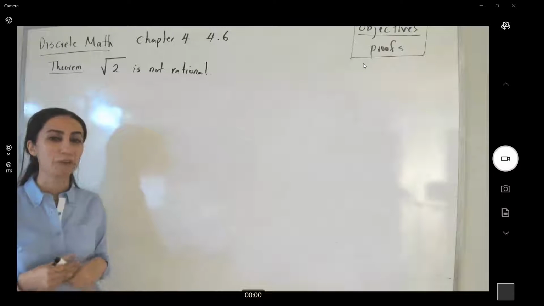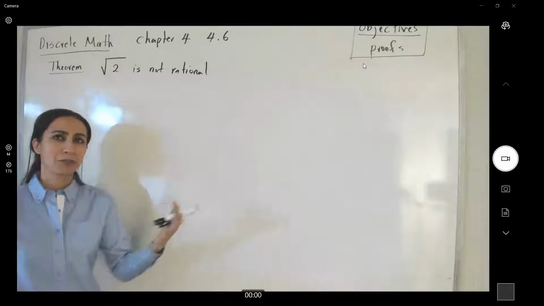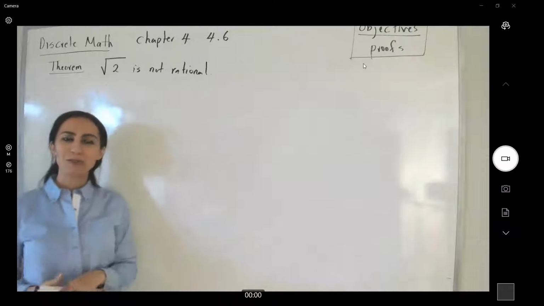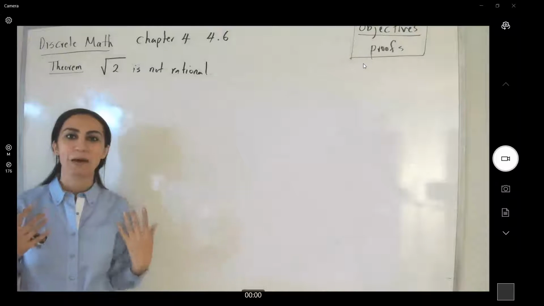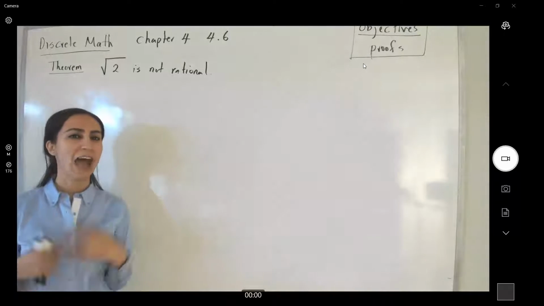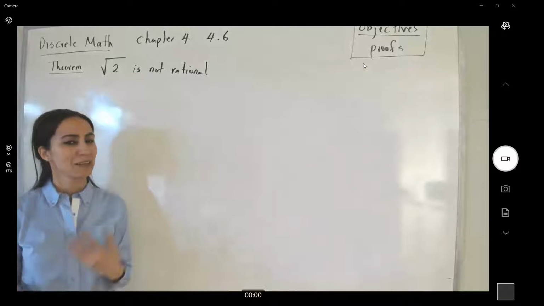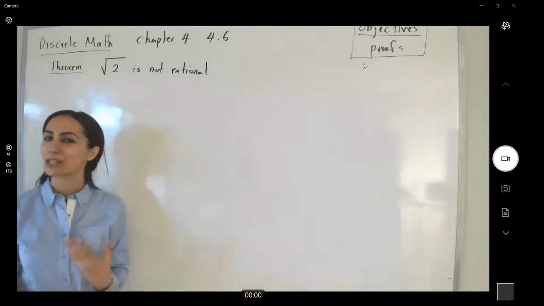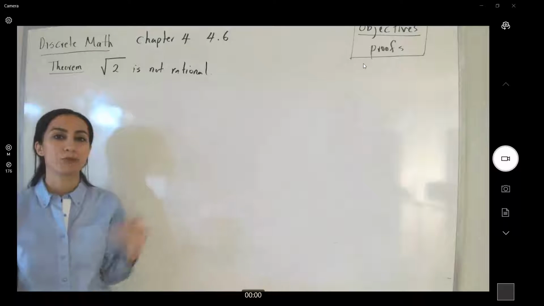Okay, how do I prove that? This is a statement. You might say, well, I already know the square root of 2 is irrational, but as a mathematician, how do you prove this statement? Contraposition, contradiction, direct proof, which method?